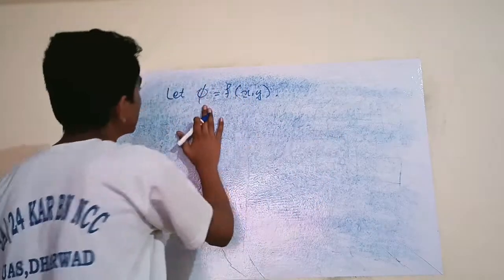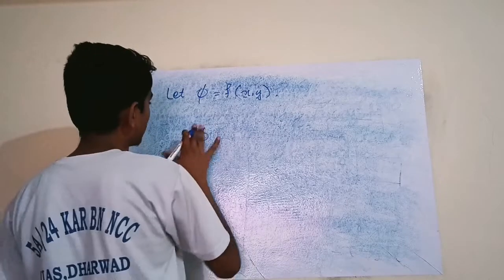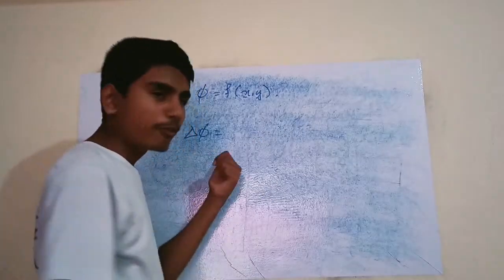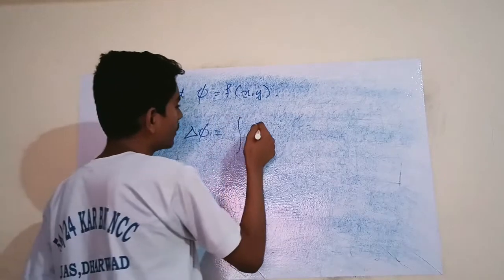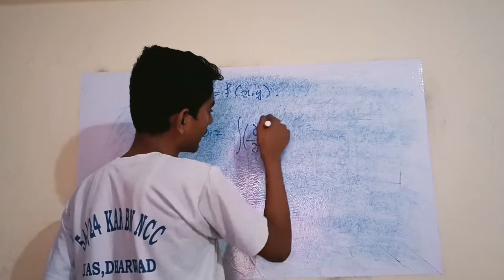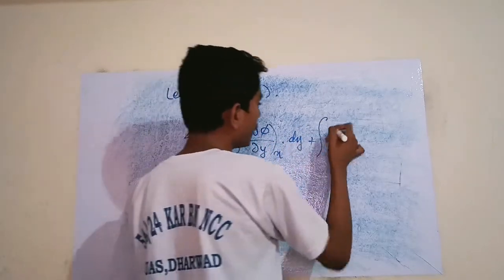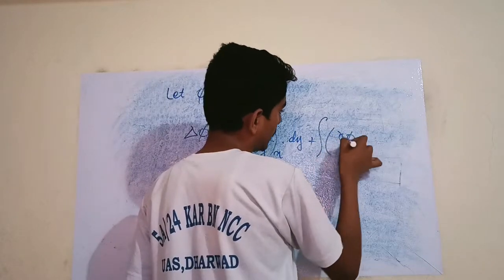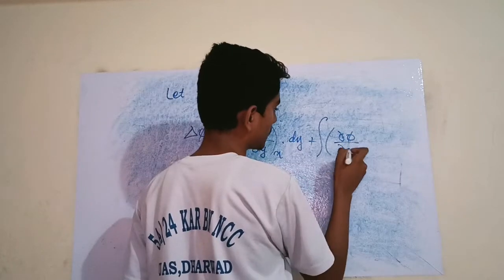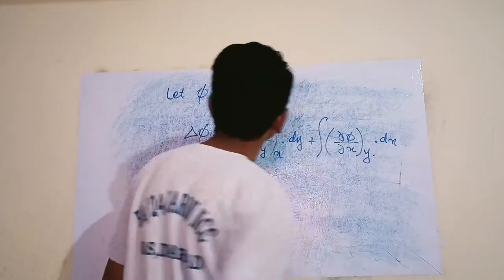If it depends on x and y, then the total change in phi will be taken as the integral of dou phi by dou y, keeping x constant, into dy, plus the integral of dou phi by dou x, keeping y constant, into dx.